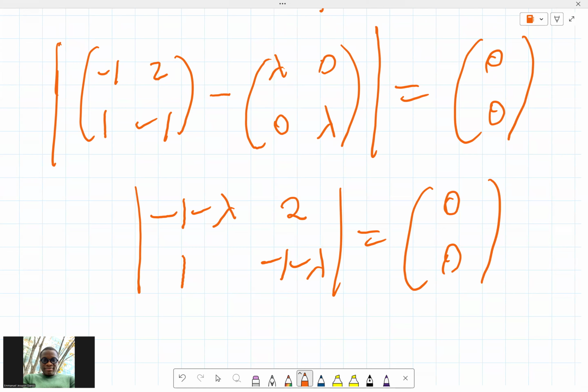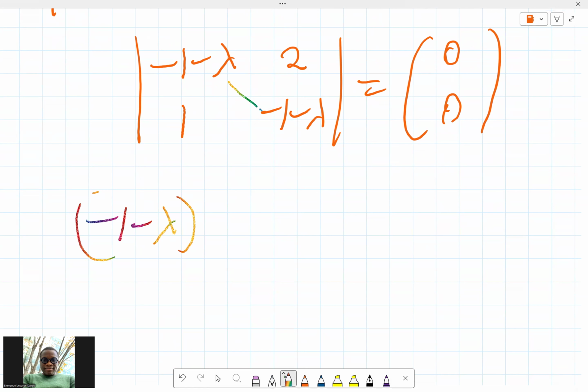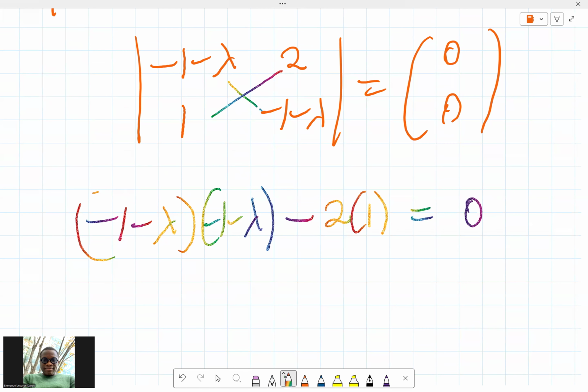If you look for that determinant, we have the principal diagonal first: (-1 minus lambda)(-1 minus lambda) minus 2 times 1, and that is equal to 0.